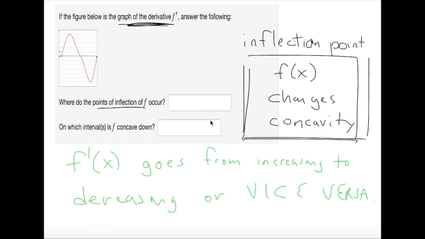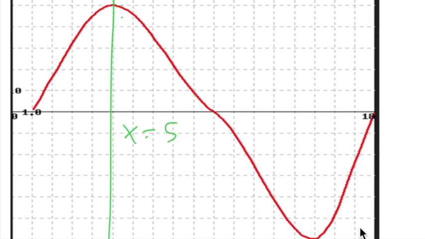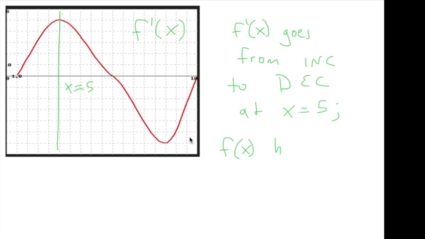So here I have a zoomed in version of this graph of f prime, and I can see that right here at x equals 5, I see the graph of f prime of x change from increasing to decreasing. F prime of x goes from increasing to decreasing at x equals 5. That tells me f of x has an inflection point at x equals 5.